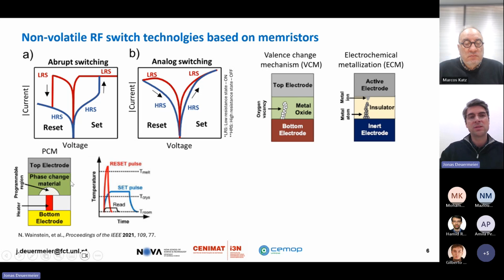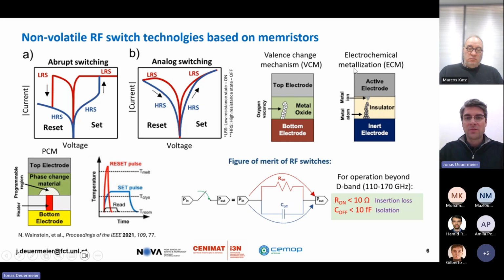So the material crystallizes and melts, or at least has phase transitions, which then give rise to different resistances. And this is somewhat more controllable than this process, but you cannot optimize it towards lowest capacitance and highest on resistance at the same time, as much as you can with the ECM mechanism.